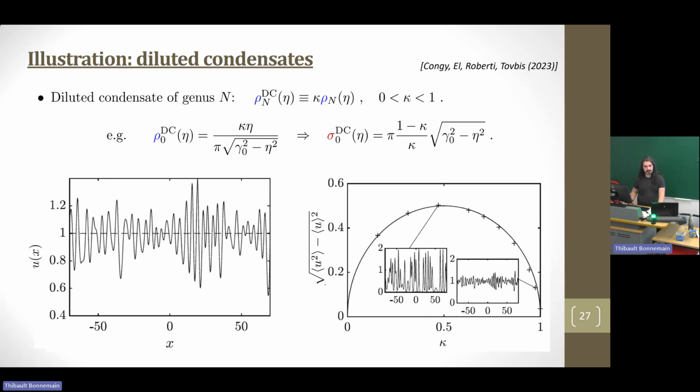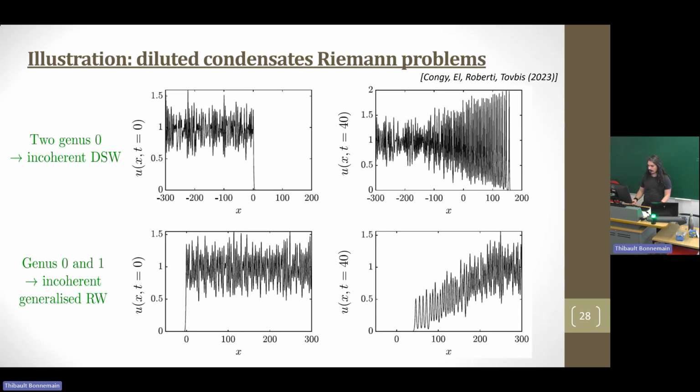With a very special type, of course. And that's also something that needs to be studied: what kind of fluctuations you're putting in the field when you dilute your condensate. So this is also an example of a different problem. So you have an incoherent velocity wave, an incoherent rarefaction wave.